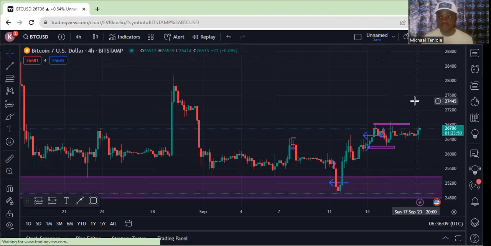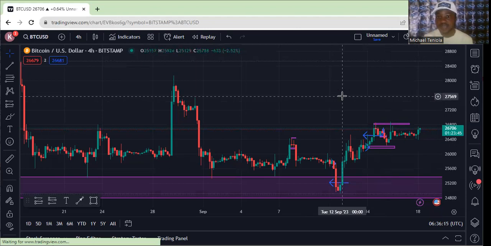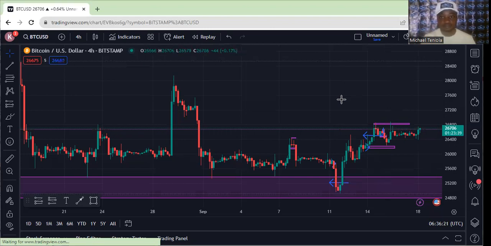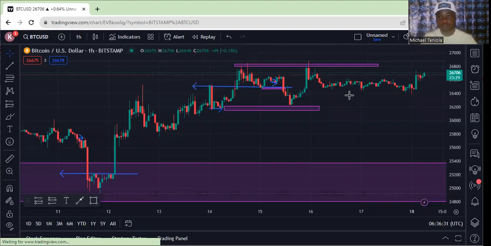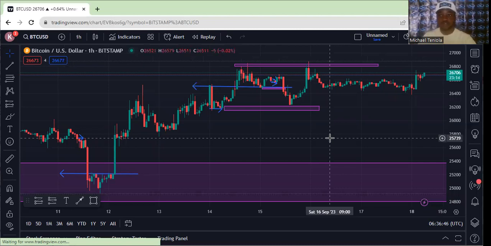So let's further go down to the H1 time frame analysis chart and see what is going on there at the moment. On the H1 chart, we can also see that the big bull is currently dominating the market trend and it's about to break above this higher high.